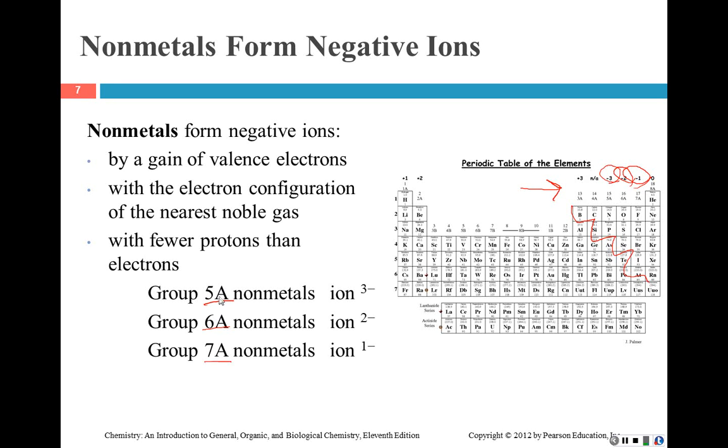So you have 5 valence electrons, and so you gain 3, that equals 8. You have 6 valence electrons in 6A, and you gain 2. That gives you 8, and then in 7 you gain 1, and that gives you 8. But remember, since you're gaining those negative charges, it gives you what? A negative ion, or an anion, we call those, A-N-I-O-N, a negatively charged ion.